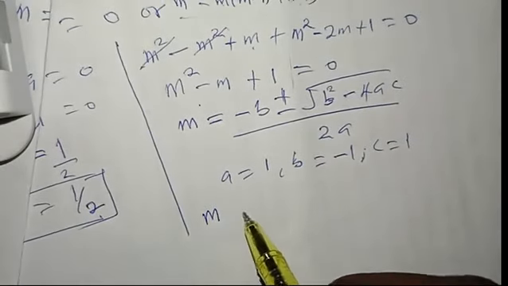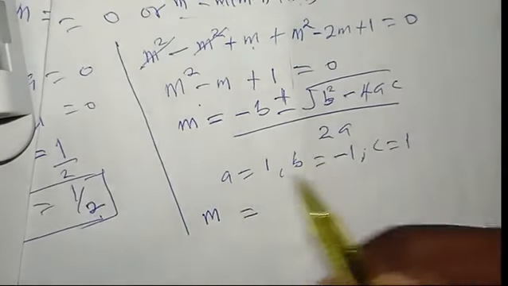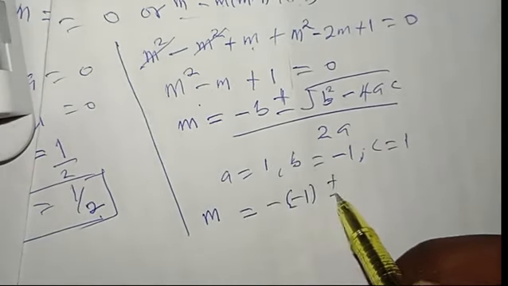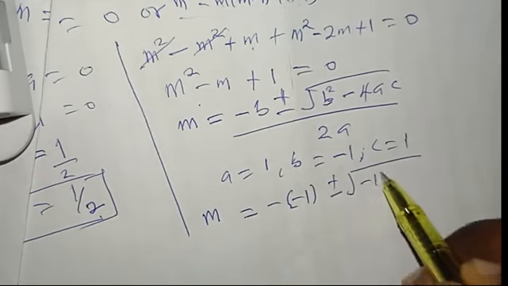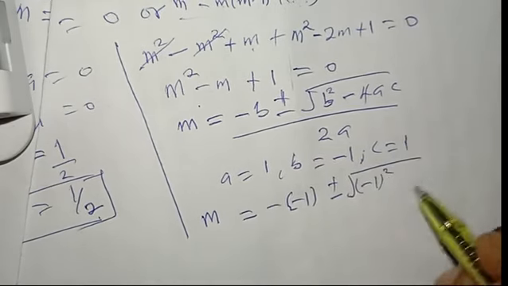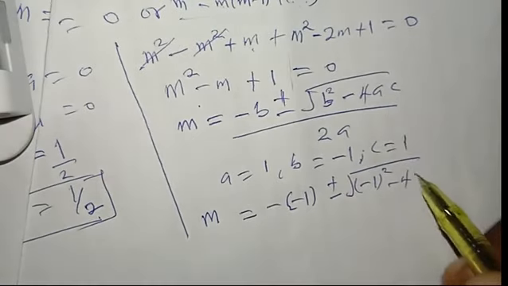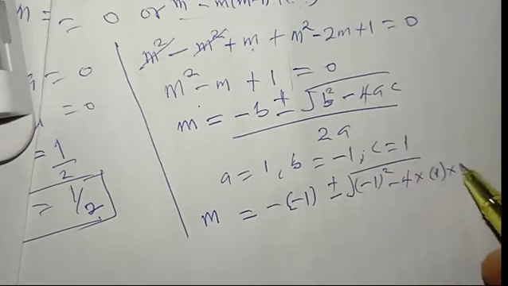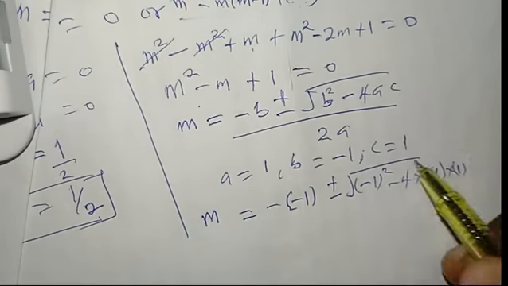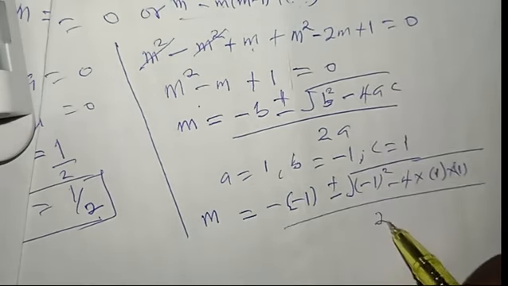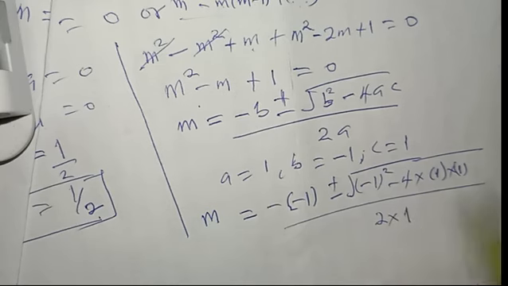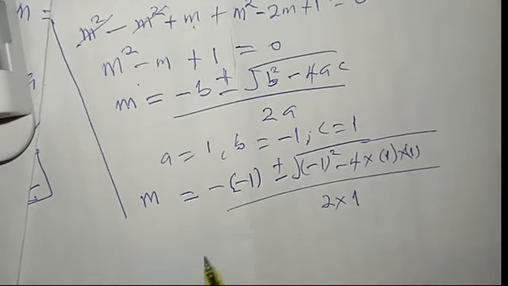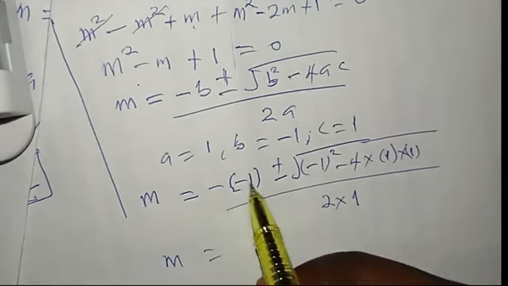Therefore, my m is going to be equal to minus minus 1 plus or minus the square root of minus 1 squared minus 4 times 1, okay, times 1 also, which is c, and it's all divided by 2 times a, which is 1.